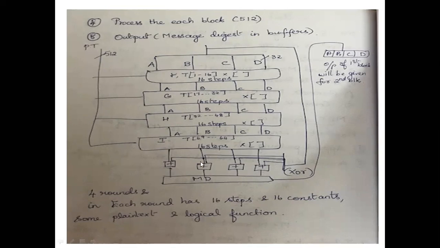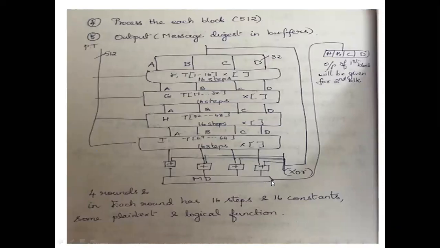Now the output of every buffer is XORed with the initialization values. Both are given and you get 4 outputs from the buffers, which together form the message digest of the first block. So this is one block.